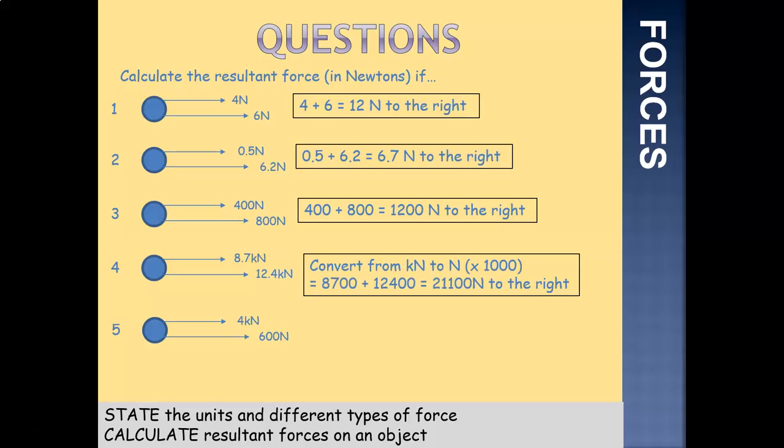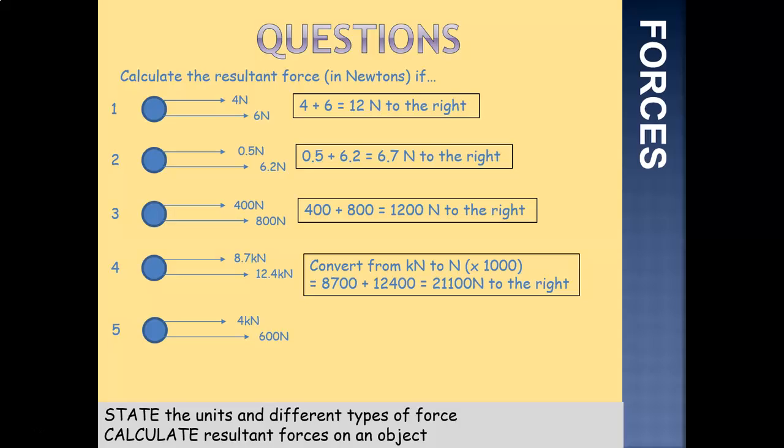So in this case, it would be 8.7 times 1,000 gives us 8,700, and 12.4 times 1,000, 12,400. We add those together, we get 21,100 newtons to the right. Could also be said to be 21.1 kilonewtons. However, our question has asked us to give the answer in newtons.